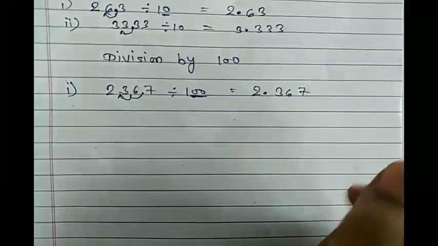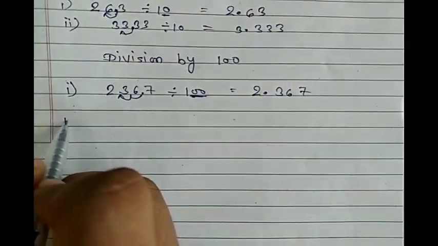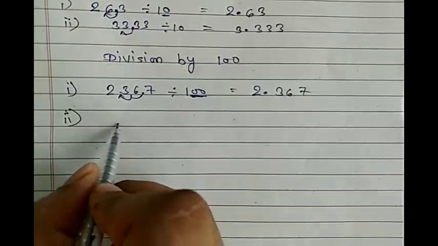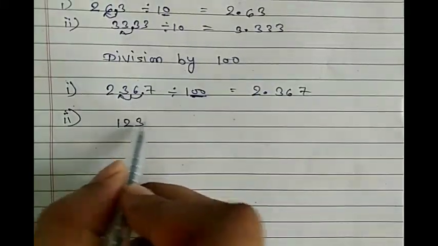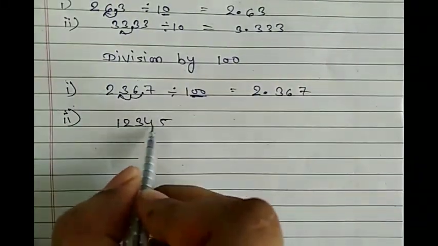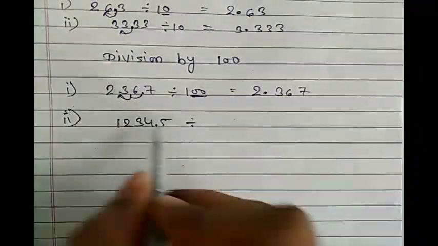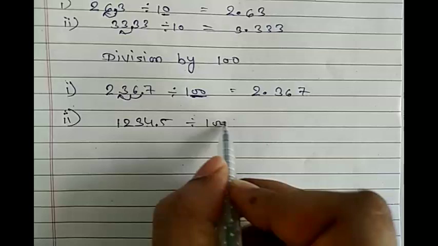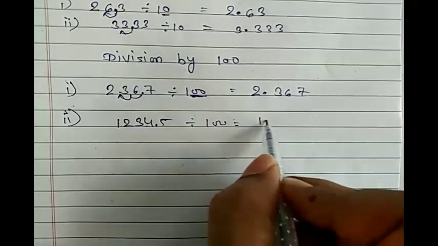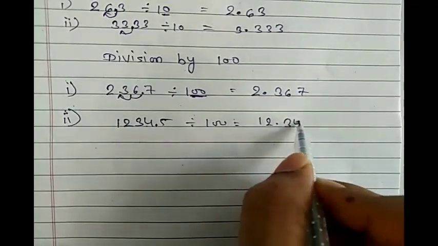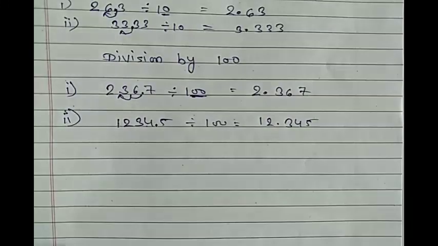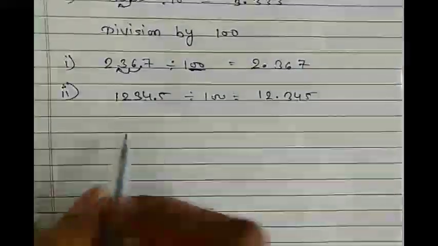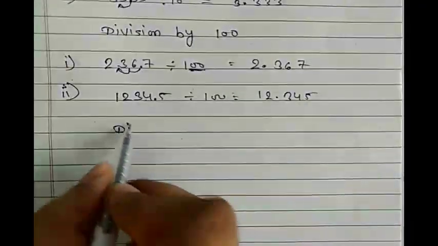So we get 2.367. One more example. Two places, 1 and 2, the answer will become 12.345. The same thing, division by 1000.